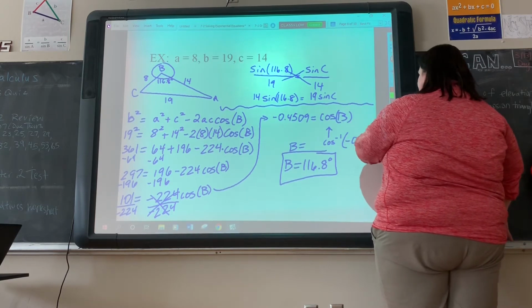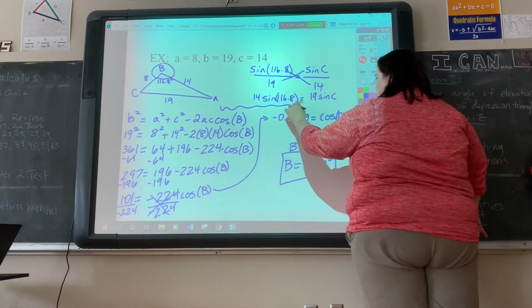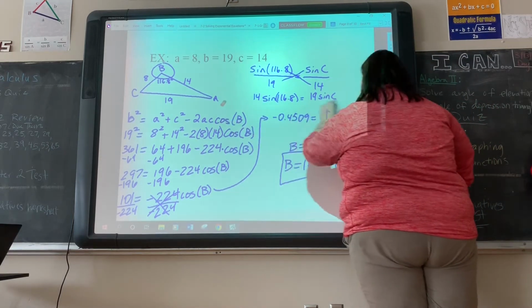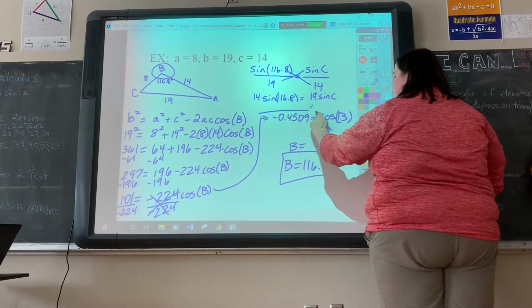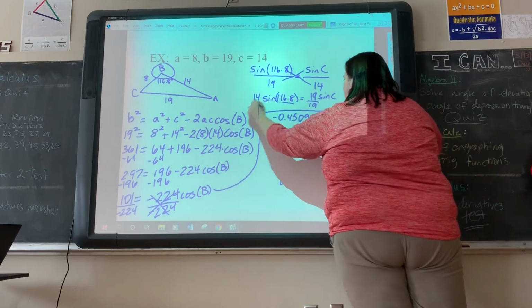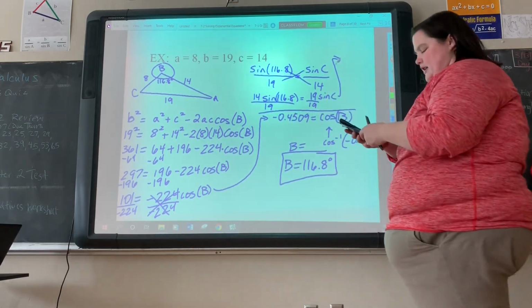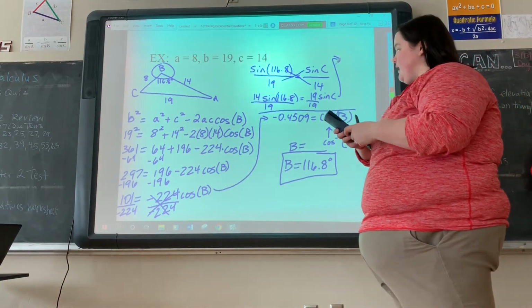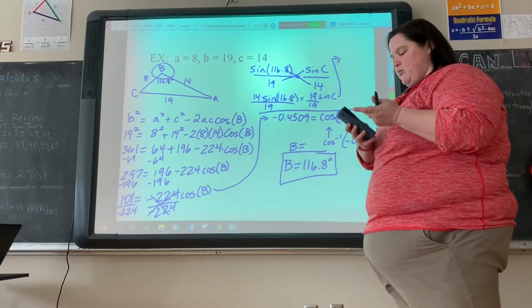Oh, this is a mess. I only gave myself enough word space, so I'm going to try to squeeze it in here. Okay, so I'm going to do 14 times the sine of 116.8, which is 12.49.